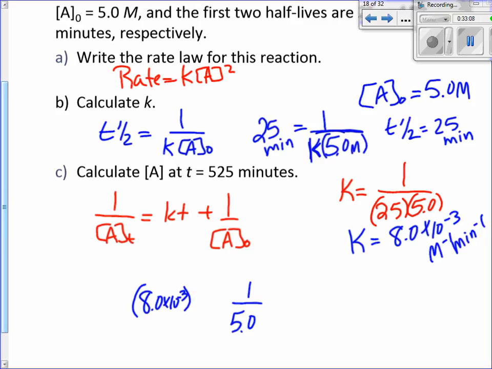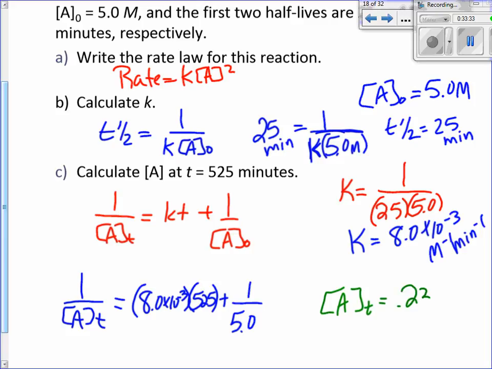So this is 525. So our concentration now ends up being what? When you rearrange and solve, the concentration at that time ends up being 0.23 M. Good. And obviously the concentrations are going to be in molar.